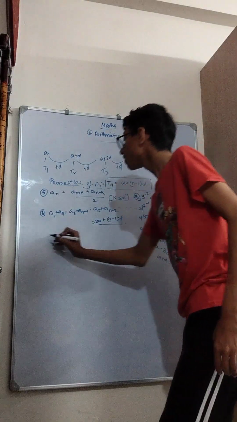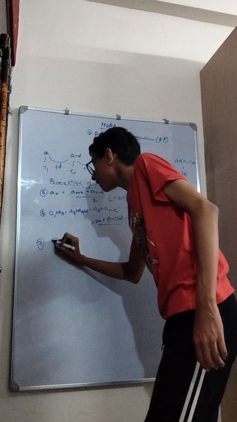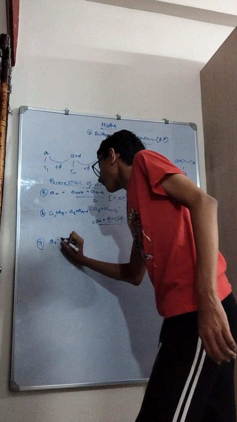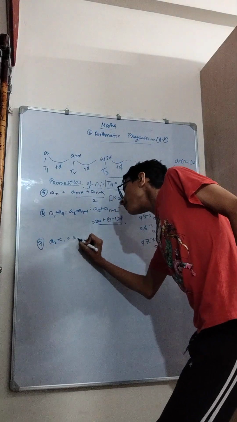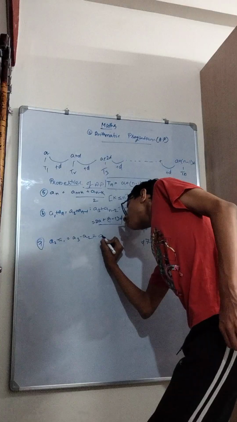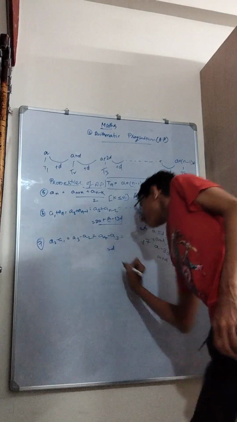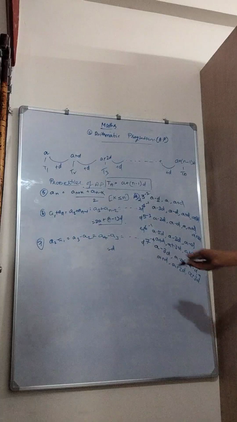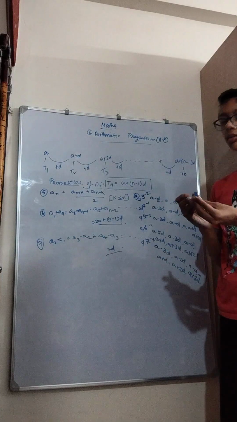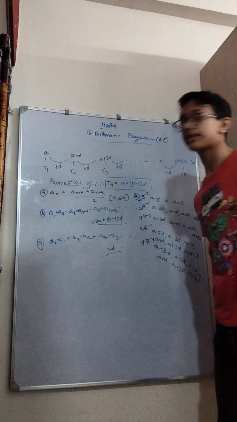Now the 7th one is a2 minus a1 is equal to a3 minus a2 is equal to a4 minus a3 and so on, which is equal to d. So the difference of two consecutive terms is always d itself.